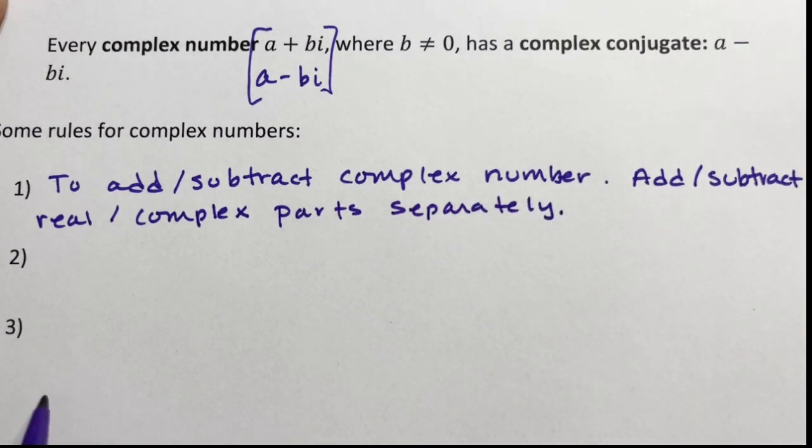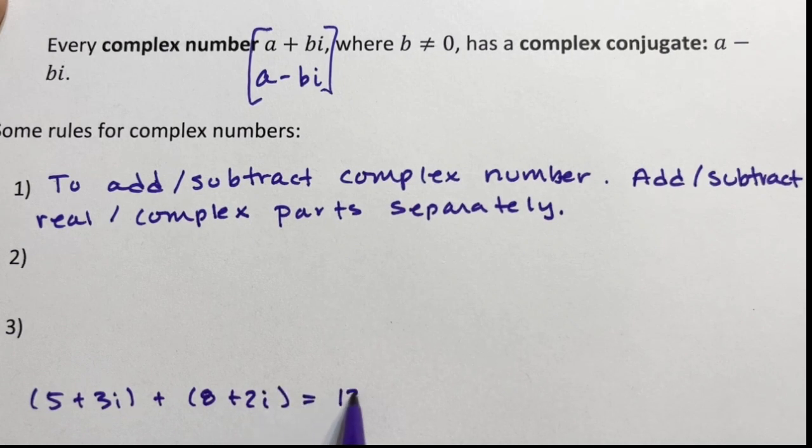So if I have 5 plus 3i plus 8 plus 2i, it's going to be 13 plus 5i. I add the 5 plus the 8, I add the 3i plus the 2i, and that's it. That's all that part 1 is saying.